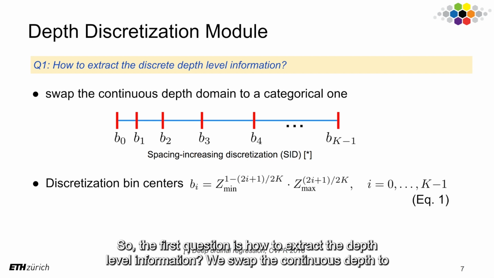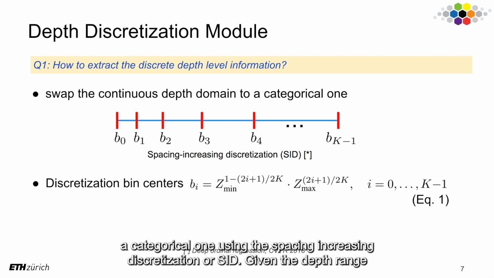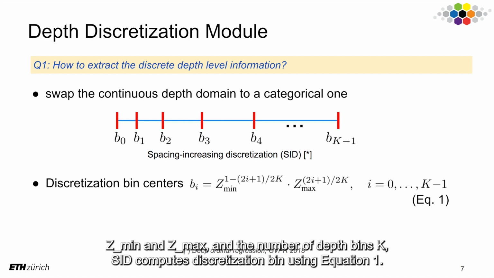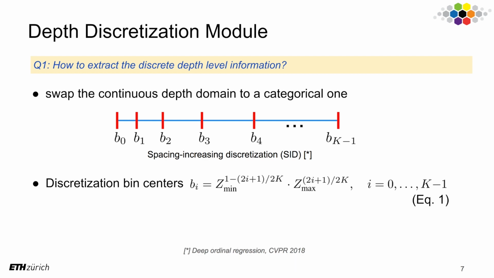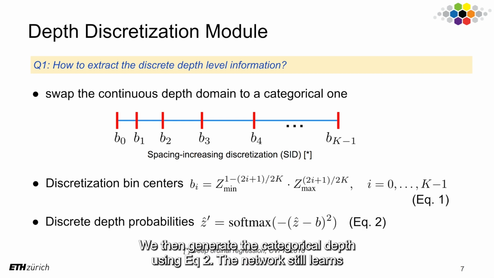We swap the continuous depth to a categorical one using the spacing increasing discretization, or SID. Given the depth range, ZMin and ZMax, and the number of depth bins k, SID computes discretization bin using equation 1. We then generate the categorical depth using equation 2.